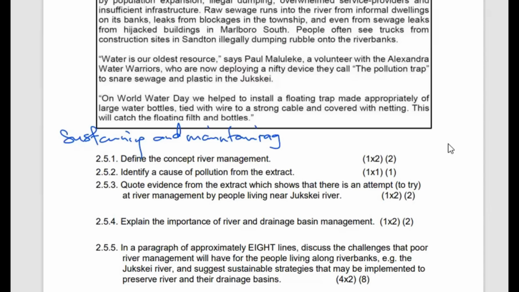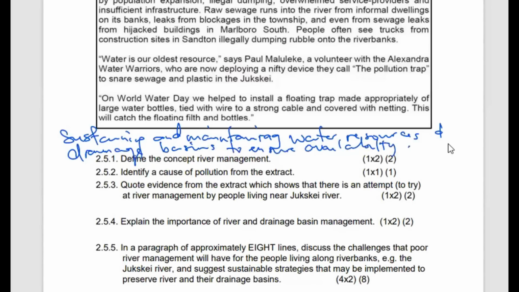water resources and drainage basins to ensure the availability of clean, safe water.